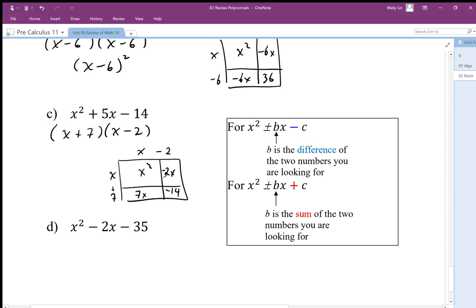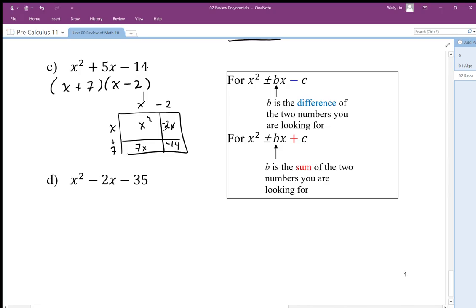How do I split up the 5x into 7 and negative 2? So here I need to think what two numbers multiply to 35 and have a difference of 2, because when we split it, one of them has to be positive, one of them has to be negative, so we have to have a difference of negative 2.